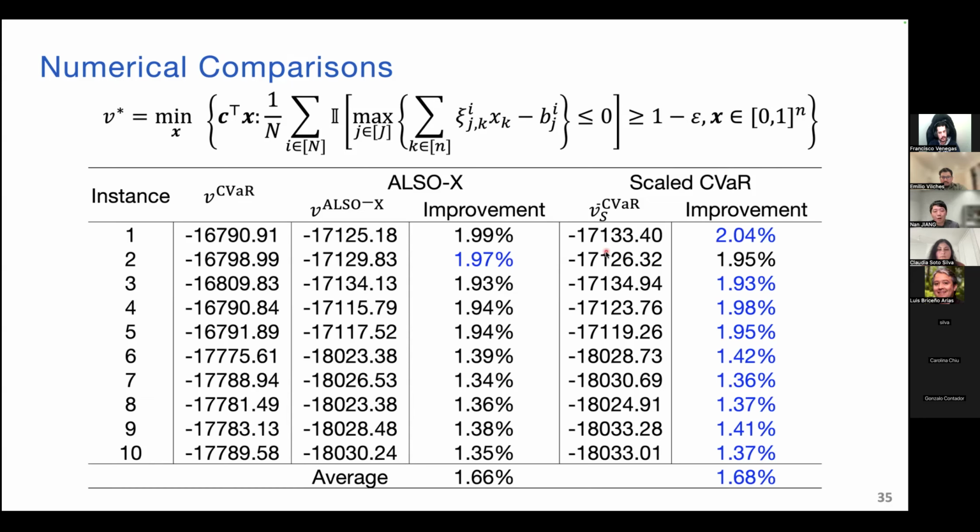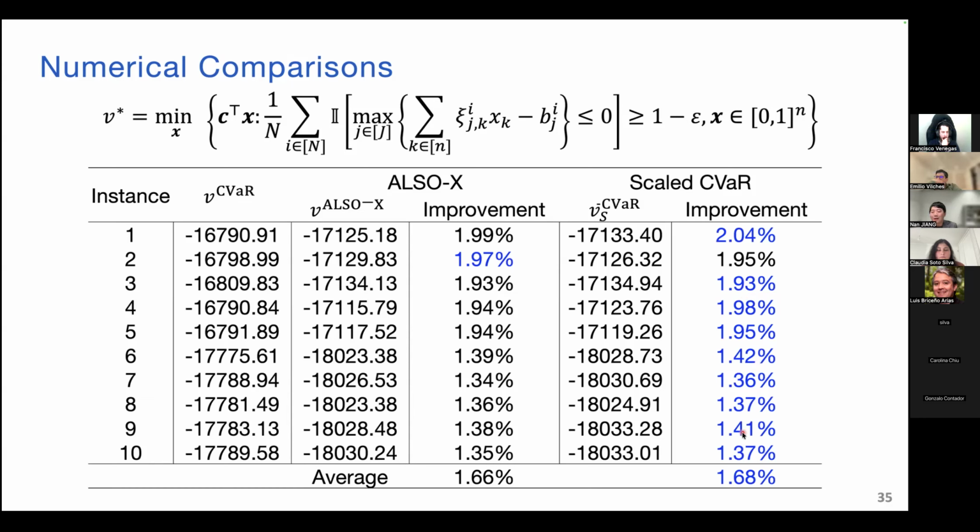We also say those heuristics compared with also-X are not comparable, because in one instance we have some simple examples to illustrate, and in the numerical instances we also observe the same pattern. In some instances, also-X can be better. Here we only have one instance where also-X is better. In another sample we may have 2 or 3, but the majority of the time scale CVaR performs much better than also-X in terms of solution quality.